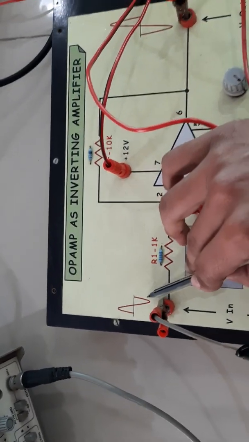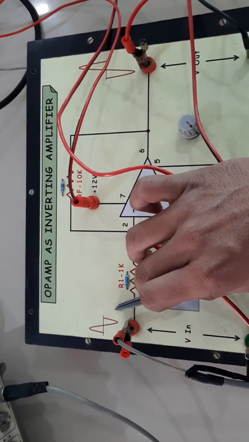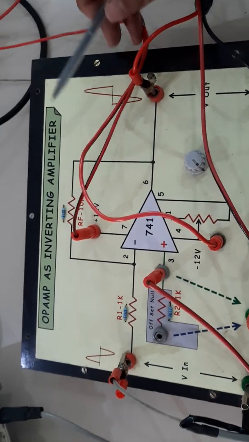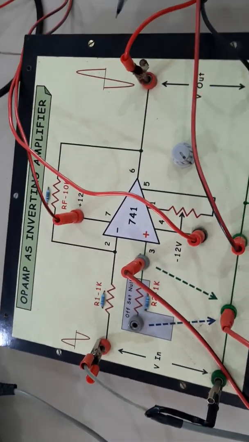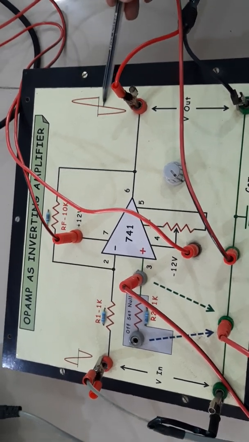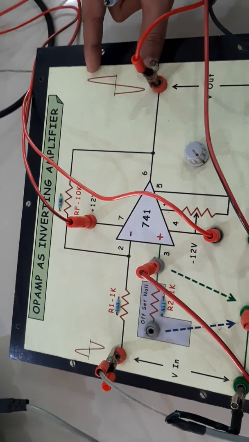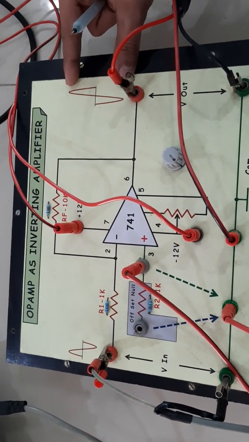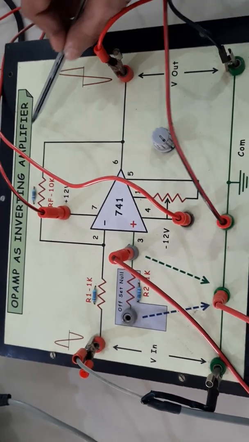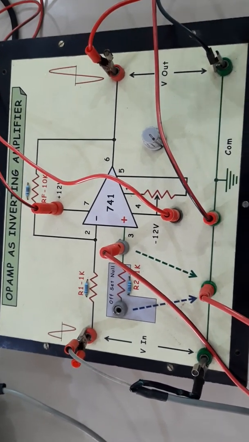You can see the signal is input over here, and if you see the output signal, it has been enlarged. If a signal is small and you enlarge it, that is nothing but the process of amplification.